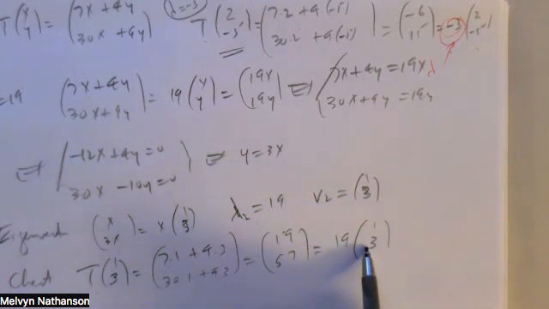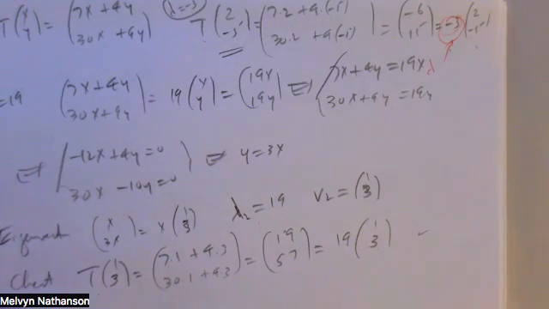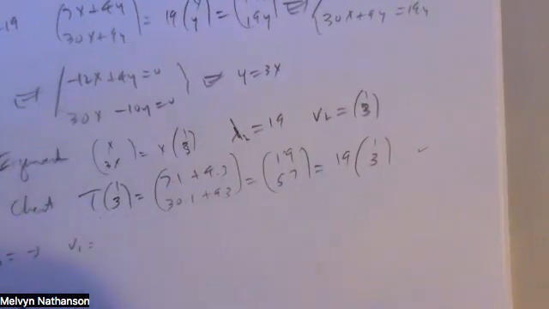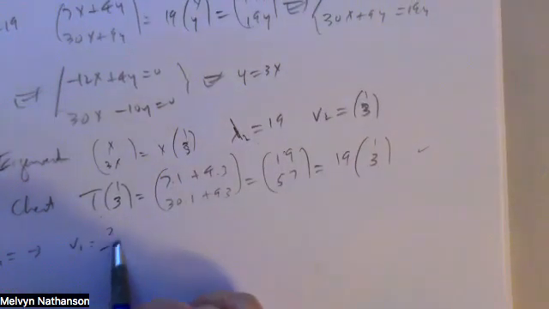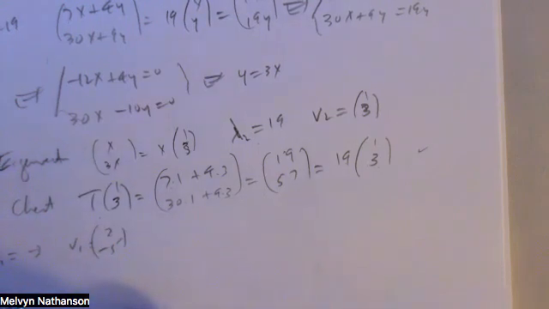So T of (1, 3) is 19 times (1, 3). So this checks. So for the eigenvalue lambda 1 equal to negative 3, the eigenvector v1 equals (2, minus 5), and for the eigenvalue lambda 2 equal 19, the eigenvector v2 equals (1, 3).